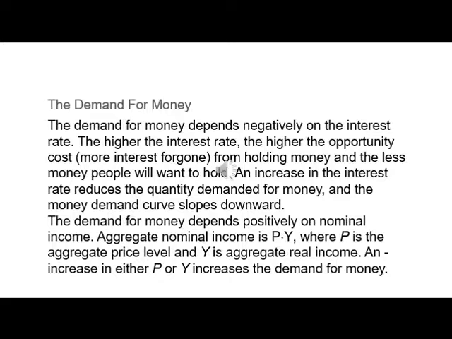An increase in the interest rate reduces the quantity demanded for money, and the money demand curve slopes downward. The demand for money depends positively on nominal income. Aggregate nominal income is PY, where P is the aggregate price level and Y is aggregate real income. An increase in either P or Y increases the demand for money.